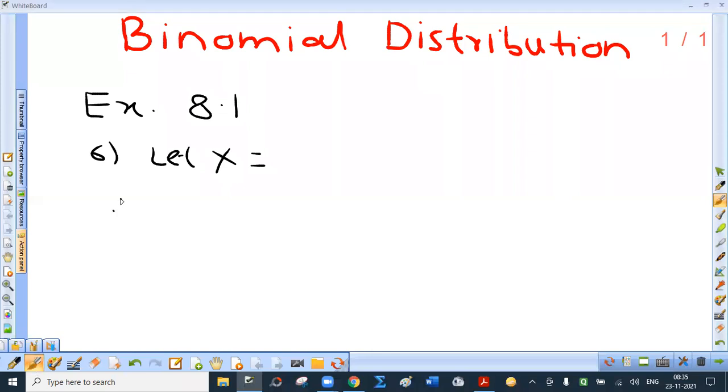Write down 1 upon 10. So Q equal to 1 minus P, so 9 upon 10.